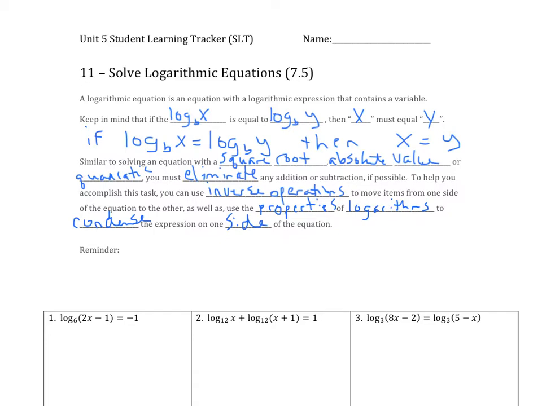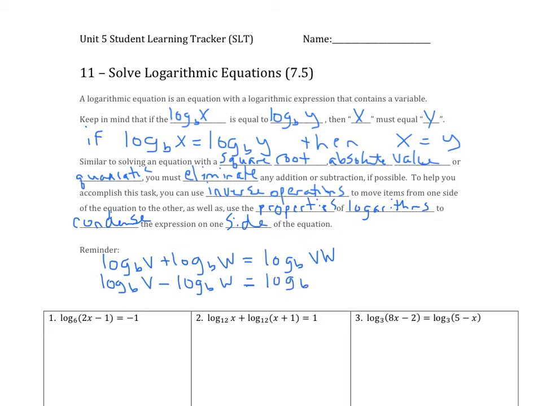So, reminders. If I have log base b of v plus log base b of w, I'm adding exponents, so that means I multiply the values, so I have log base b of vw. If I have log base b of v minus log base b of w, then I am dividing, so I have log base b of v divided by w.